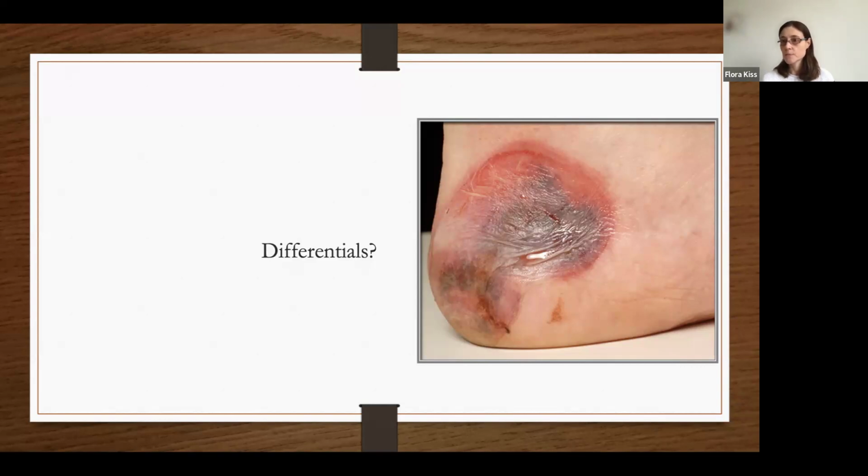And this may cause a reaction like this on the heel. Diabetic patients or patients with peripheral vascular disease might be more prone, obviously, to developing something like this.